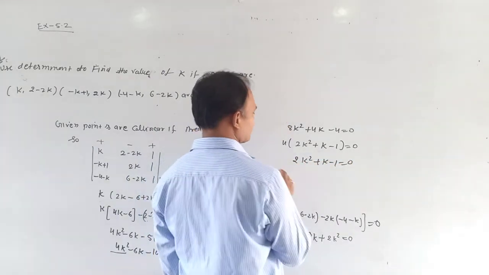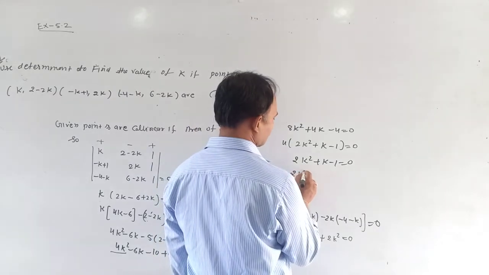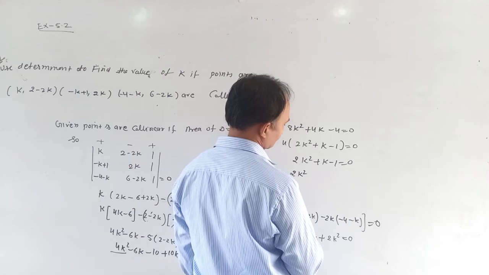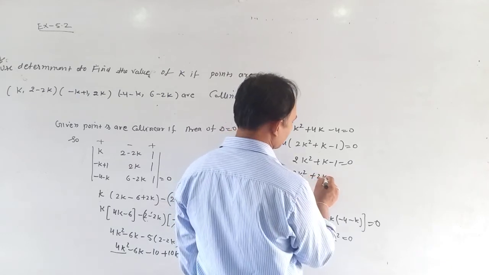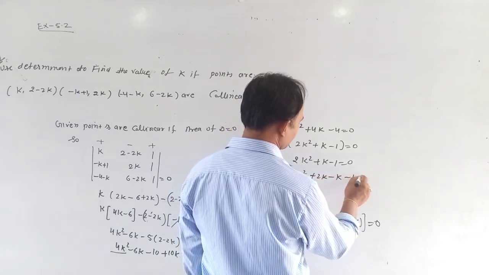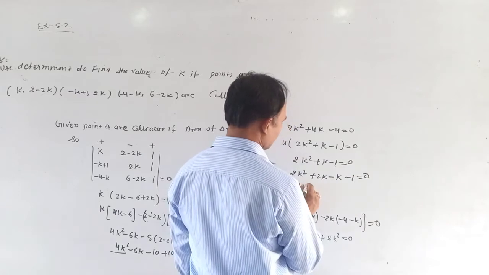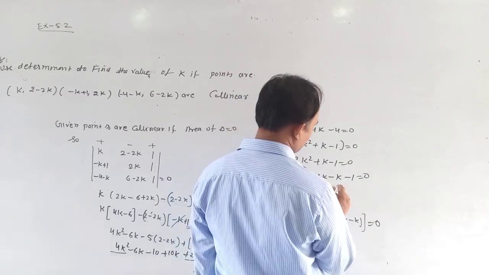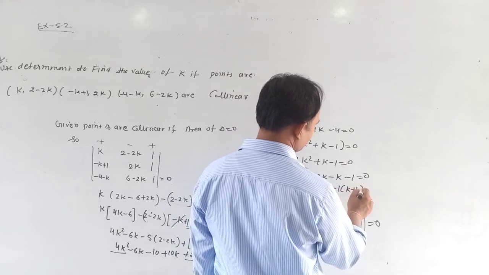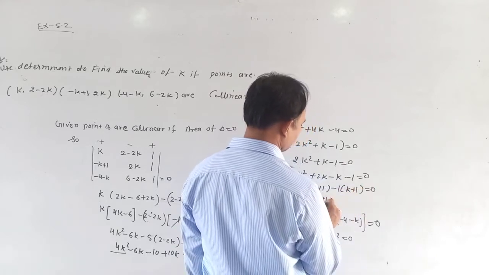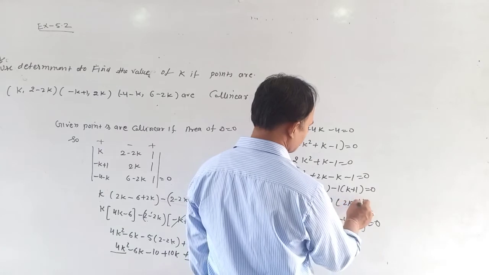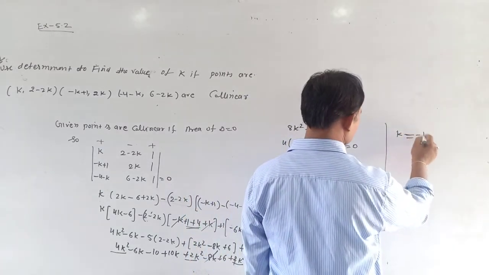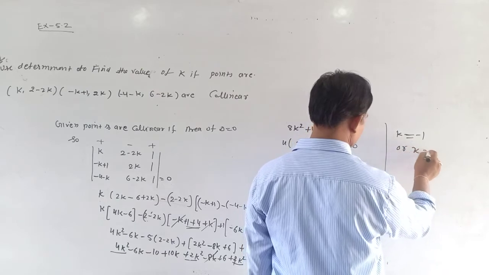So do the factors. 2k square, factors are 2 into 1, so it is 2k minus 1. 2k is common, so k plus 1, and minus 1 common, so k plus 1 equal 0. K plus 1 is again common, so 2k minus 1 equal 0. So k equal minus 1 or k equal 1 by 2.